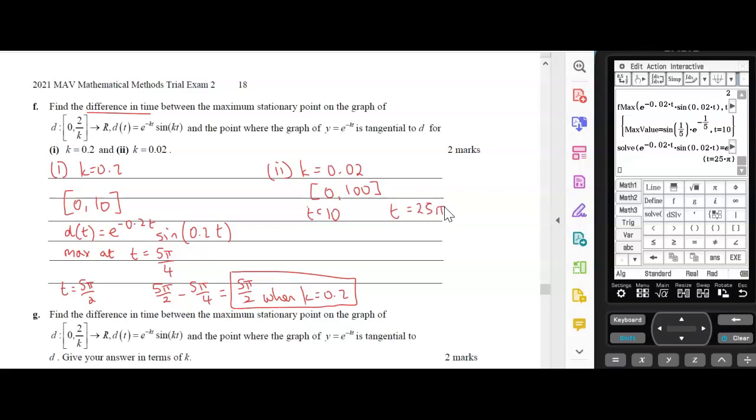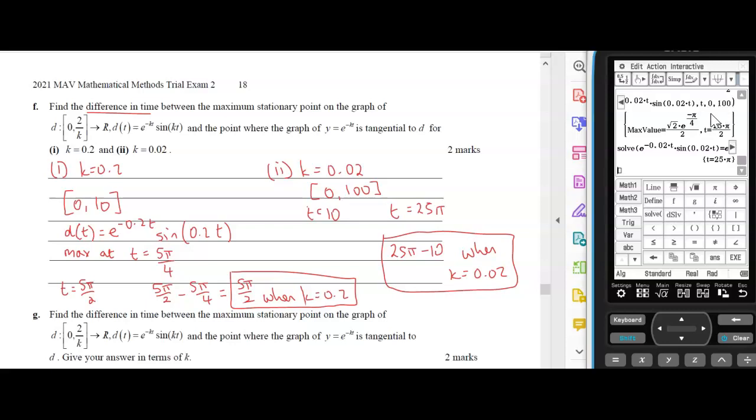All right, so the difference between the two of them, let's just leave it in exact form. So it's going to be 25 pi minus 10 when k equals 0.02. So there's our second answer. Right, I just realized in my working I didn't change this domain. So it's not 10, it's 25 pi on 2. So this should be 25 pi on 2. So 25 pi minus 25 pi on 2 is 25 pi on 2.